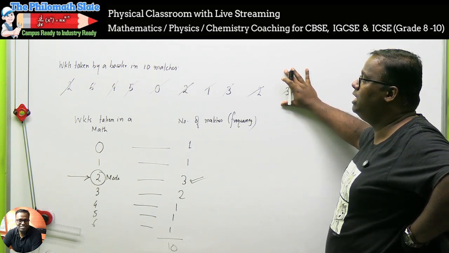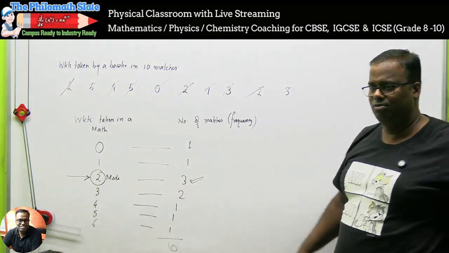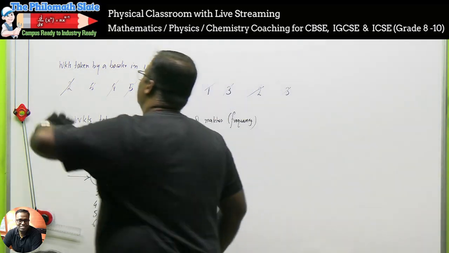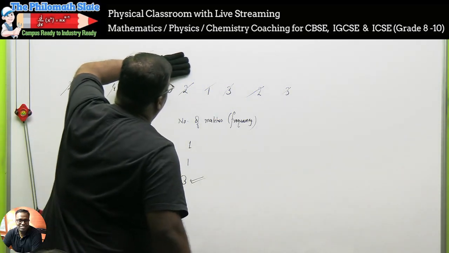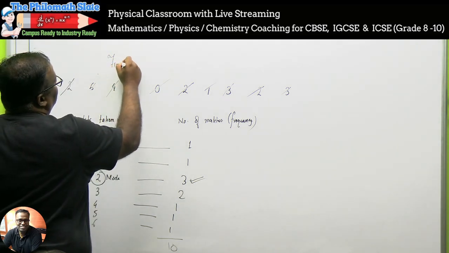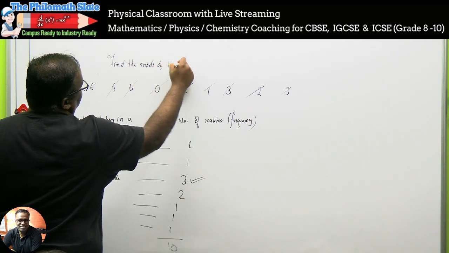Which data appears the most? Now forget about all this that we did. Forget the wickets, forget this part of the question. The question was: find the mode of the given data.